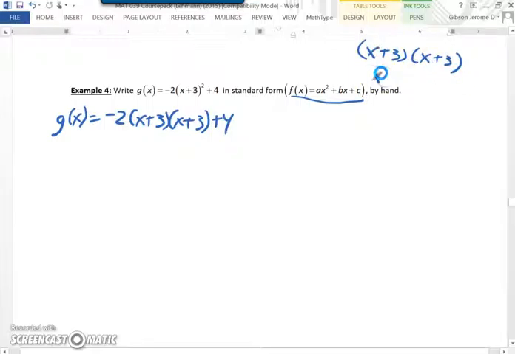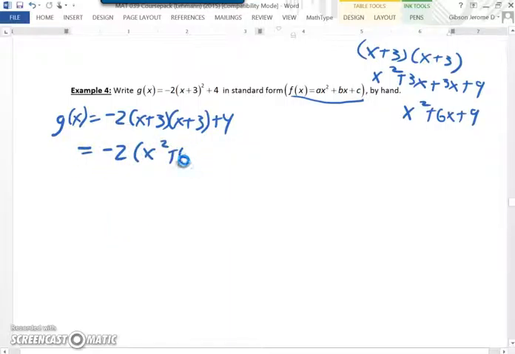So x times x is x squared, x times 3 is 3x, 3 times x is 3x, and 3 times 3 is 9. So this will give us x squared plus 6x plus 9. So then we will have negative 2 times x squared plus 6x plus 9, and then plus 4.